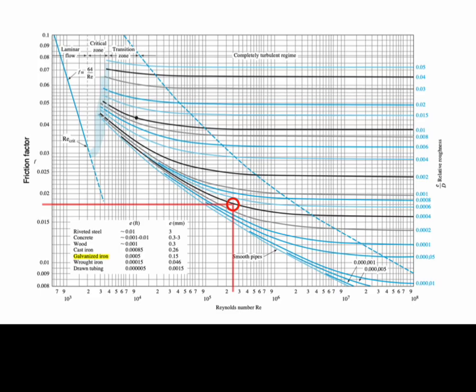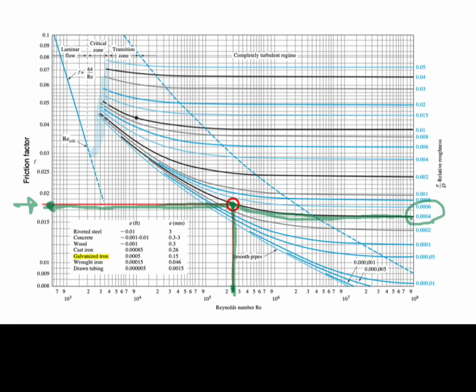Okay, so for example, we have the 0.0004 line here. And then we have 2.5 times 10 to the power of 5. So it is here. The intersect point, you just bring to the left hand side here. So it is around this value.